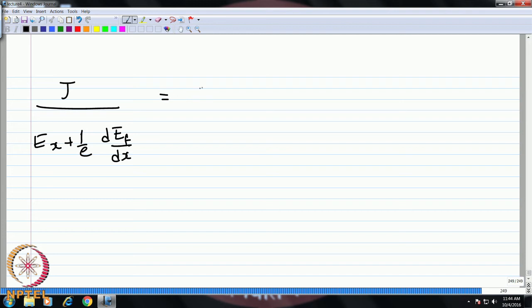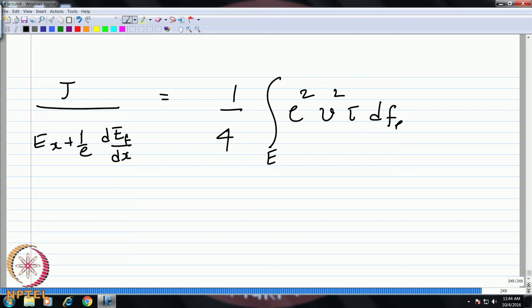So, this will be equal to 1 by 4, okay, and over E we have E square V square tau, and we have the dependence on E will be through df equilibrium by dE, we have d of E.